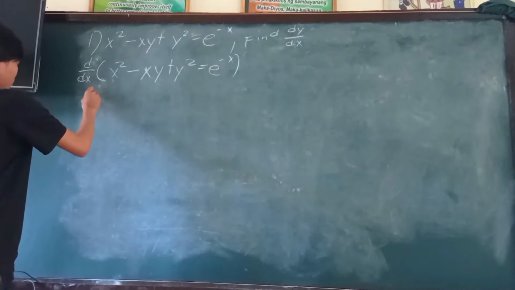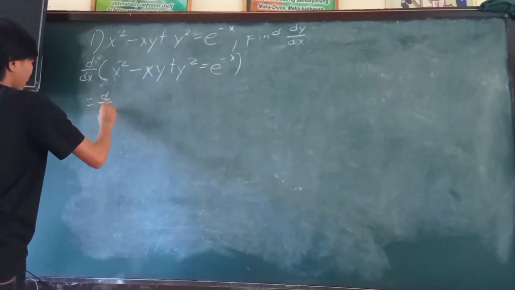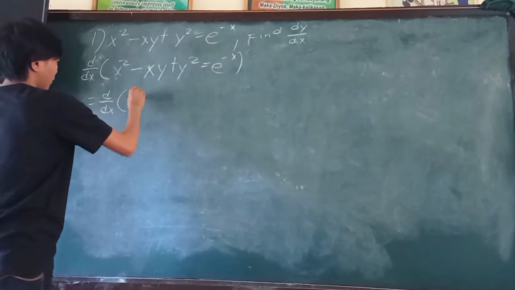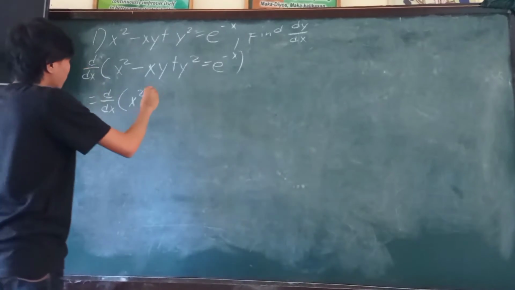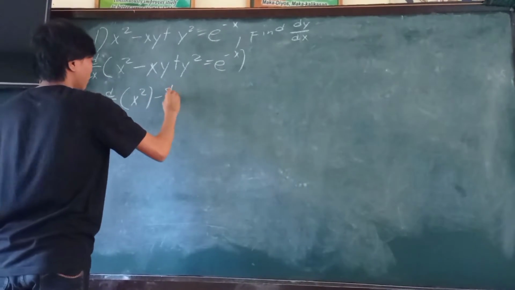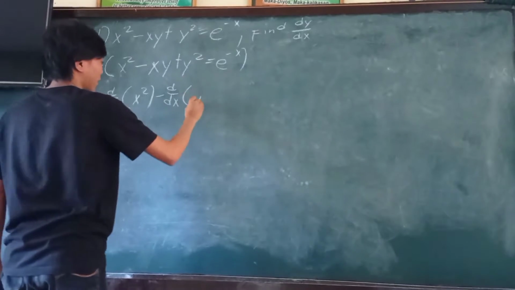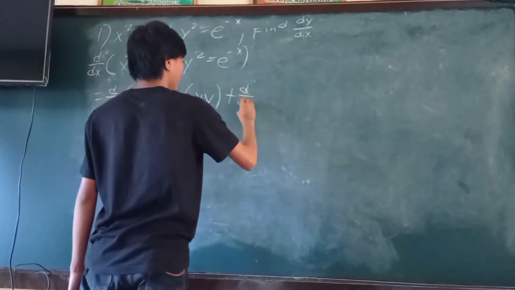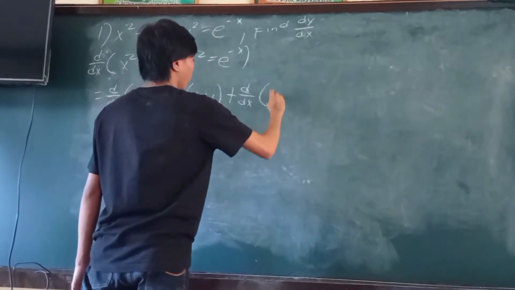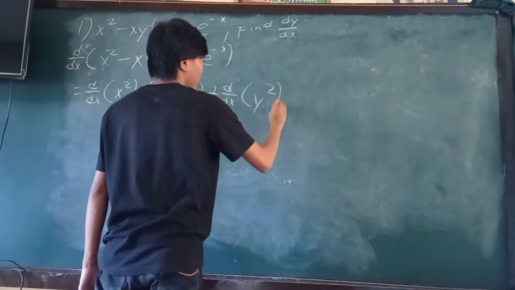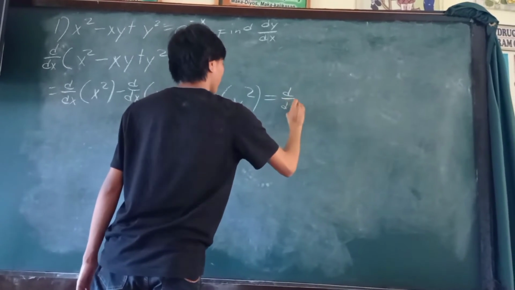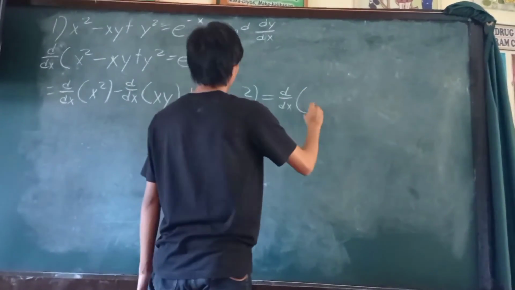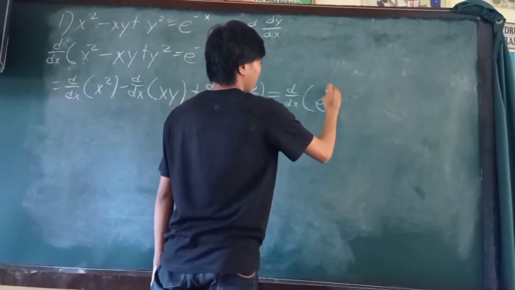So d over dx of x squared minus d over dx of xy plus d over dx of y squared is equals to d over dx of e raised to negative x.